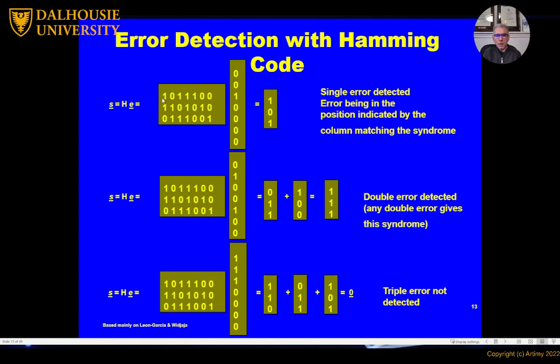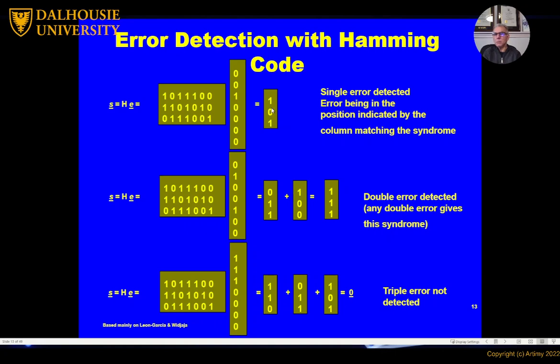If I multiply the first row with this column, I'll end up with 1. If I multiply the second row with the column and add the results, I'll end up with 0. And then if I multiply the third row with the column and add the results, we'll end up with 1.